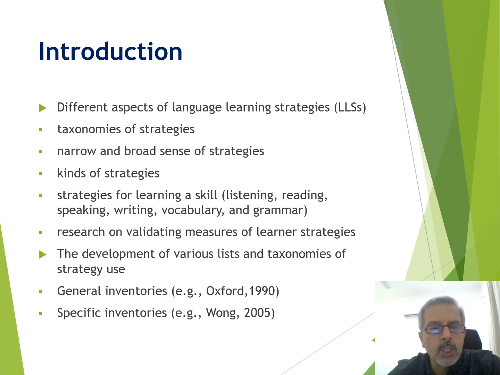Oxford's attempt in 1990 is a very famous one, which divided language learning strategies into direct and indirect ones, further subdivided into cognitive, metacognitive, and so on, and was widely used.